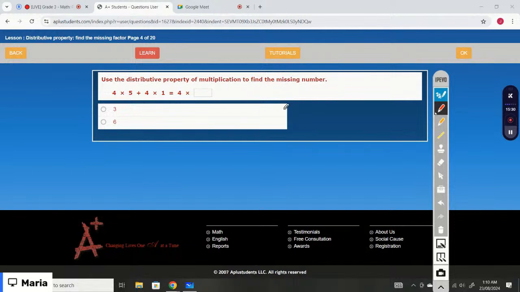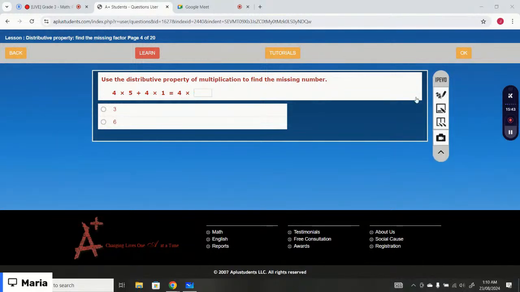That is 4 times 5 plus, so you are given 4 here, right? So that means here you must have 5 plus 1, that is 6. So option number 2 is the correct option. The correct option is 6. Option number 2 is the correct option.